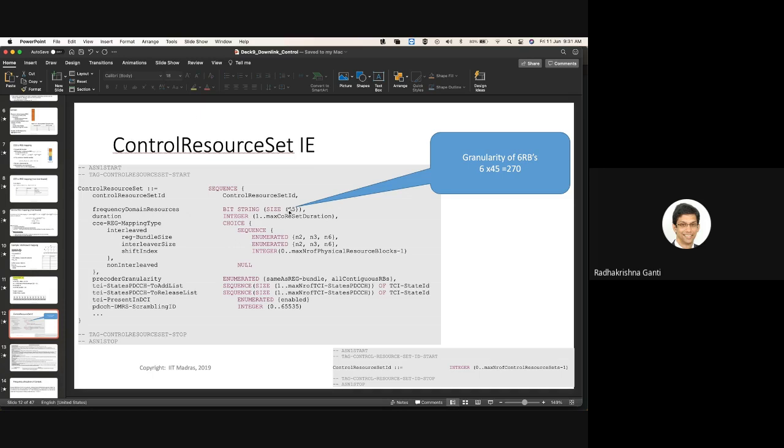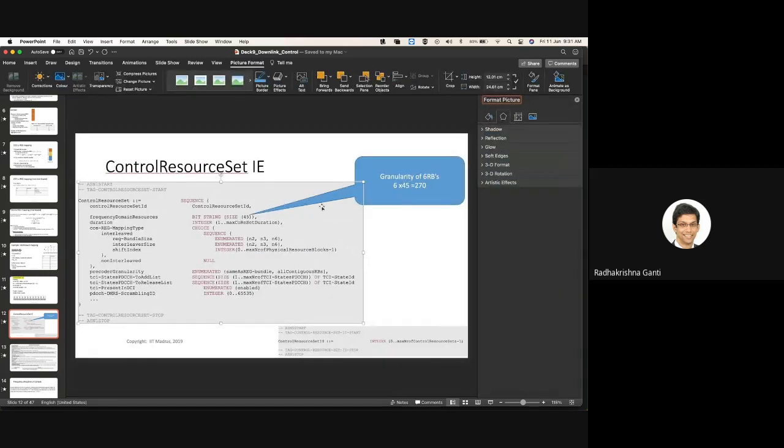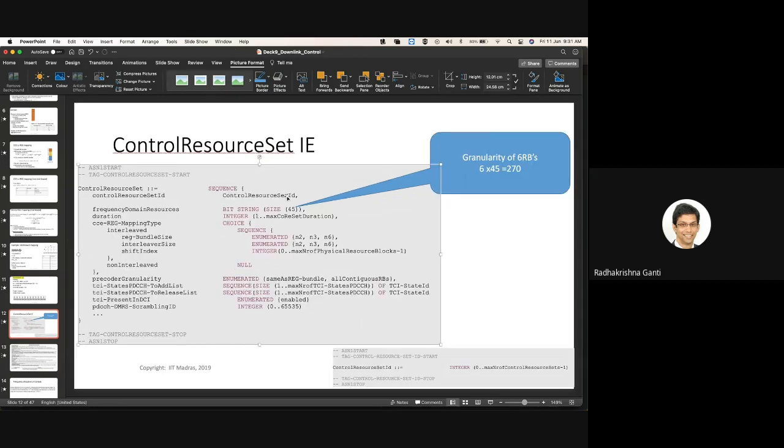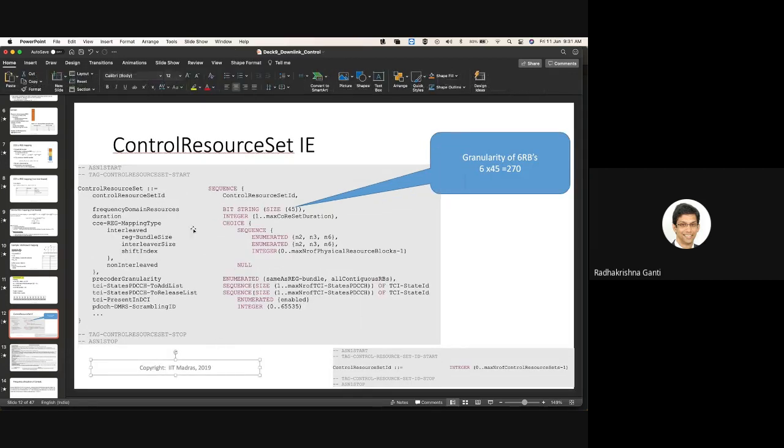So this is the main CORESET resource information element. Every CORESET is specified by an ID, the control resource set ID. The frequency domain resources are given by this 45-length bit string, and the duration is given by the max CORESET duration. You understand what the duration is now? Then it tells you the REG-CCE mapping type, whether interleaved or non-interleaved.